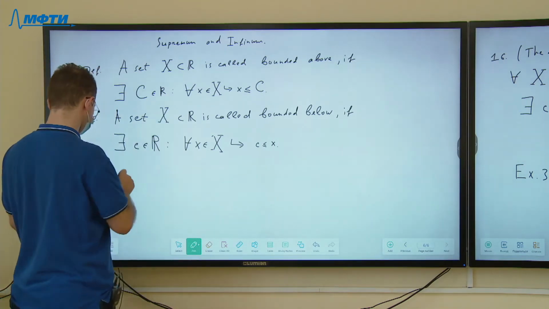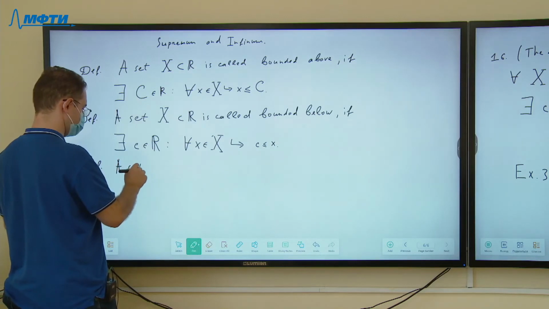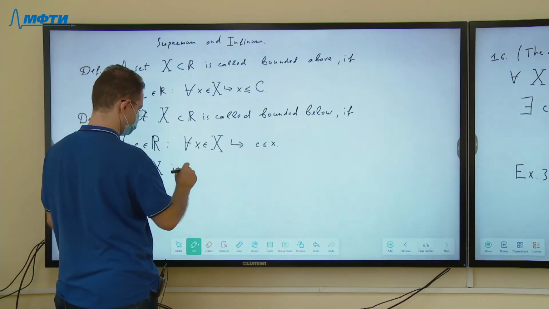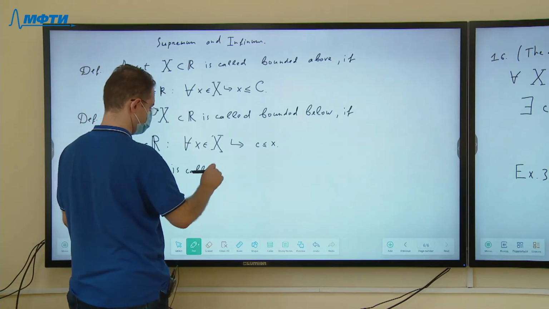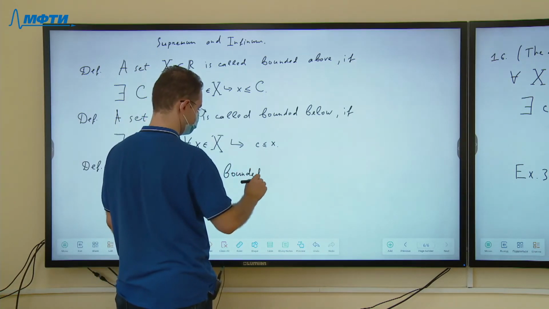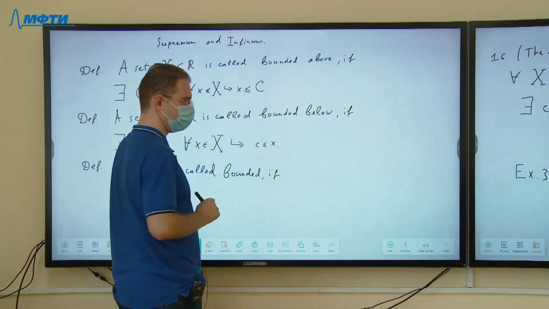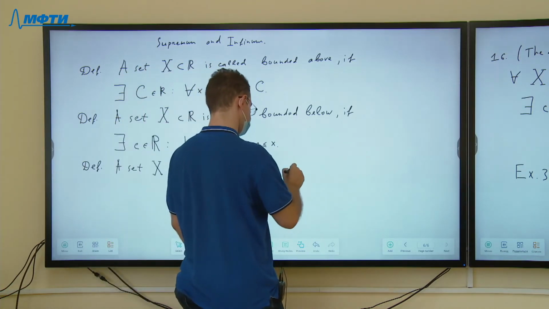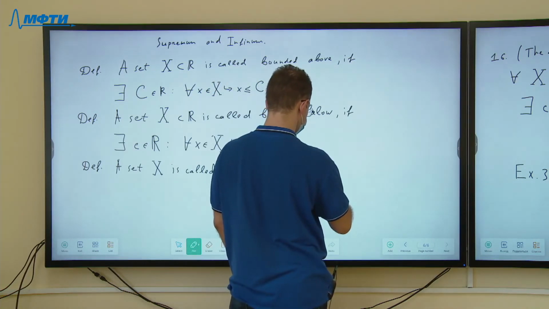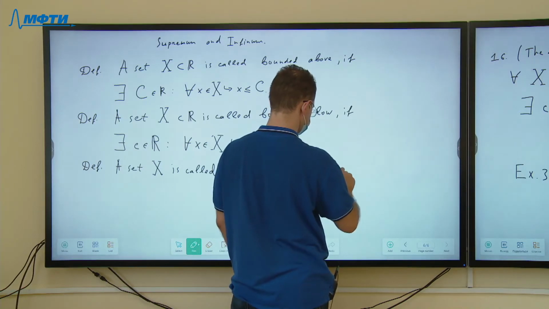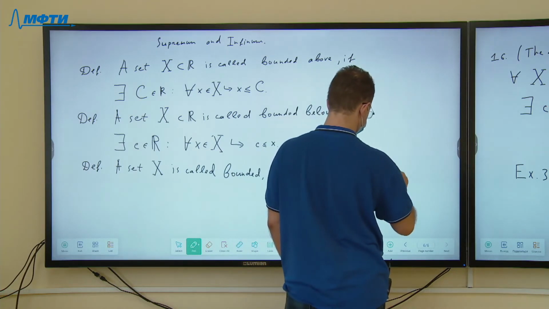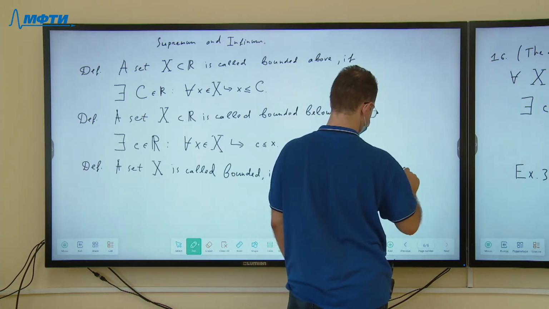Definition. A set X is called bounded if it is bounded above and below.